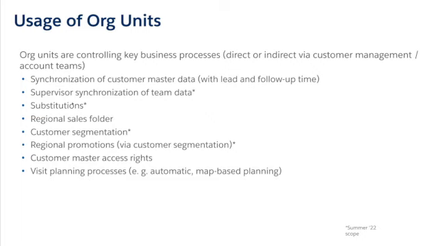Then we have substitutions. Substitution is a process we will introduce in the summer 22 release. A supervisor can set up a substitution. For example, one sales rep is planning PTO and he must be substituted by one or more sales reps during his absence.